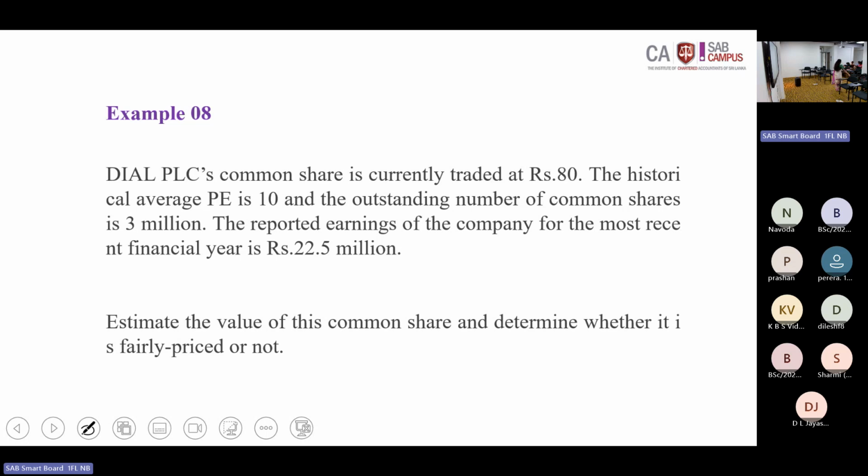EPS, earnings per share, equals net income divided by the number of ordinary shares.